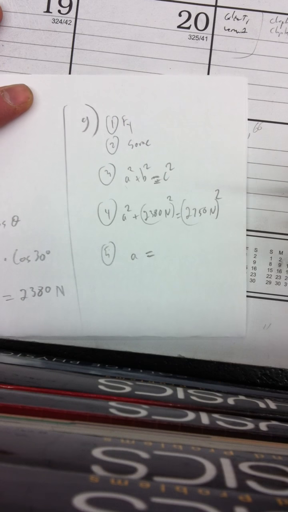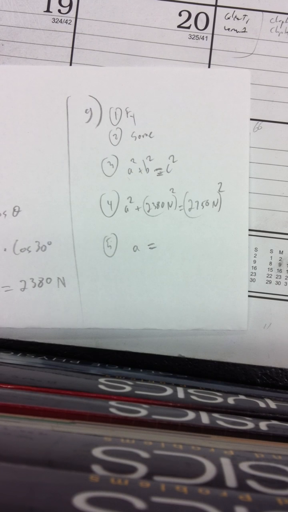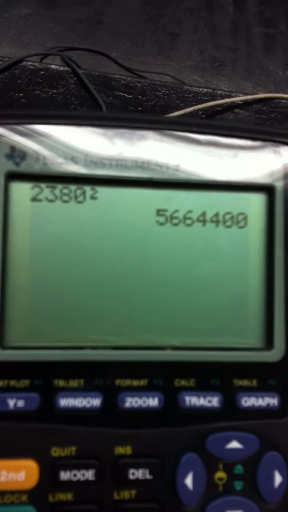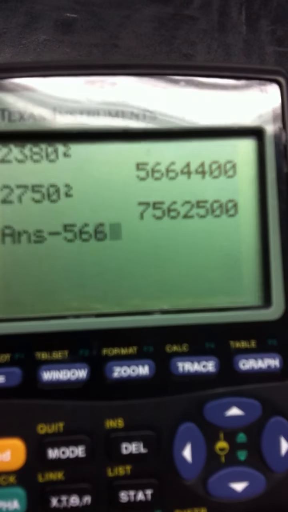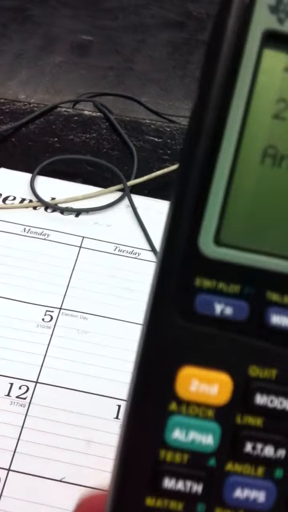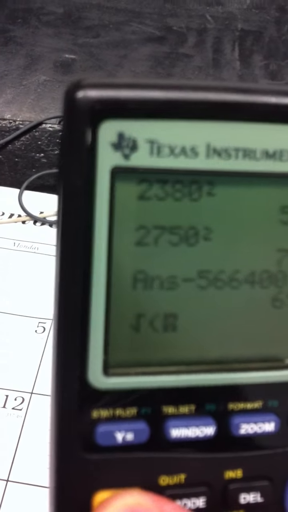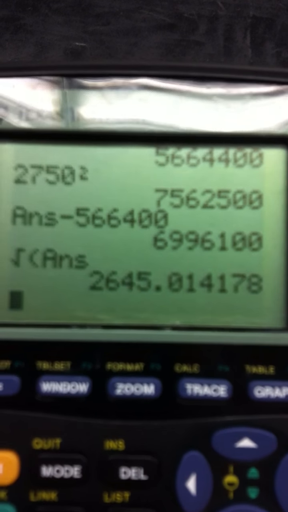Step 5. You square both these numbers, subtract this number over, and then take the square root at the end. So we get 2,380 squared and 2,750 squared.